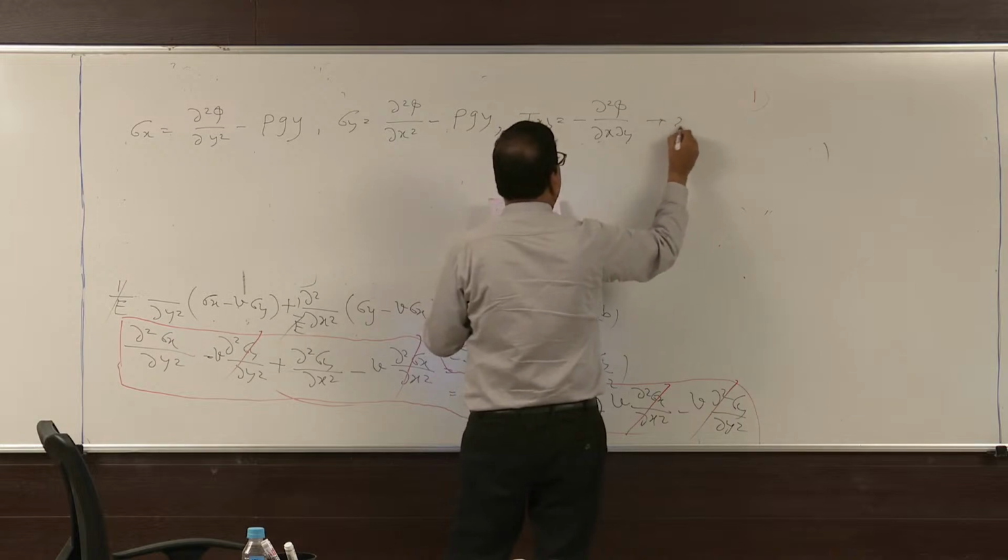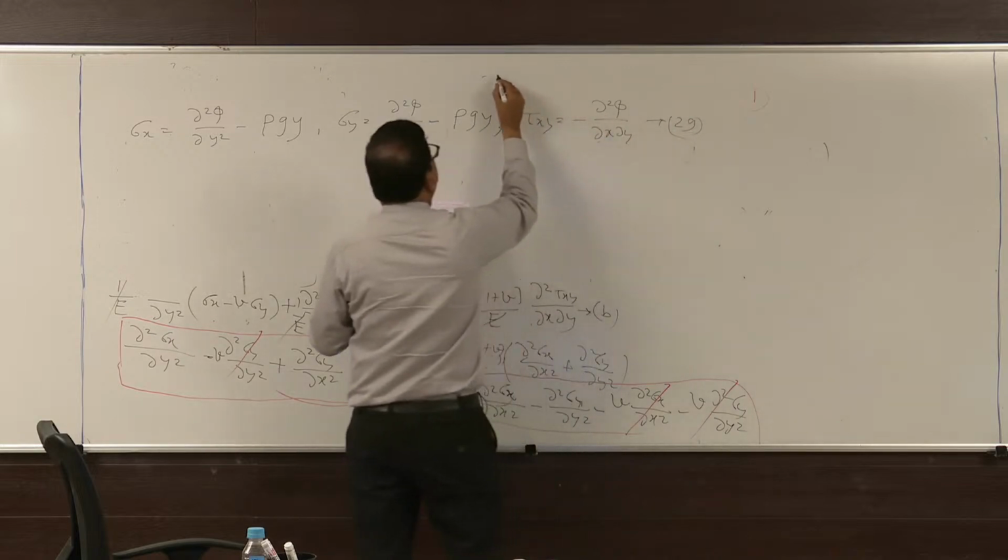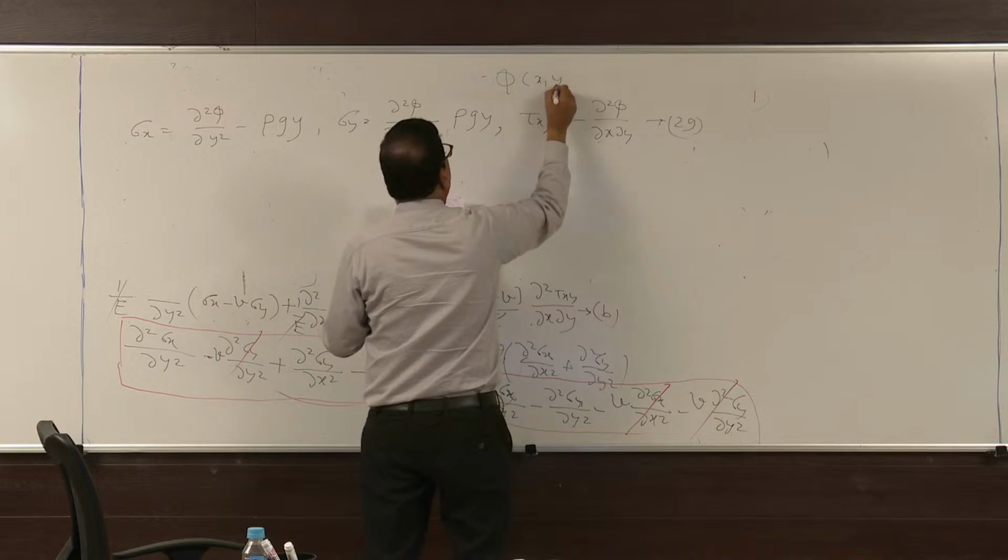This is equation number 29, where phi is a function of x and y.